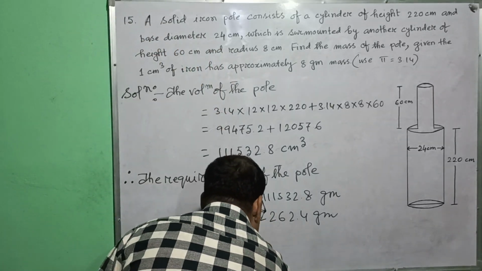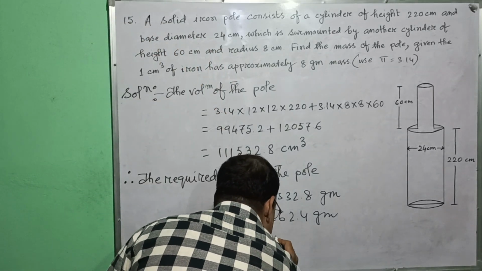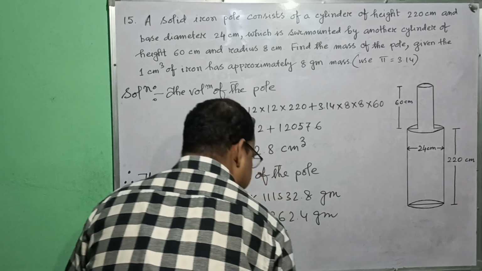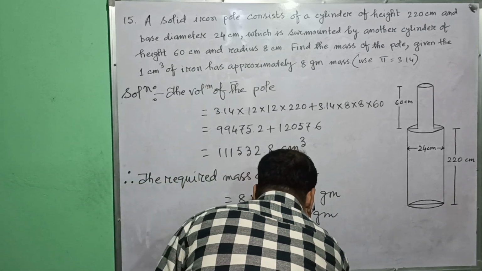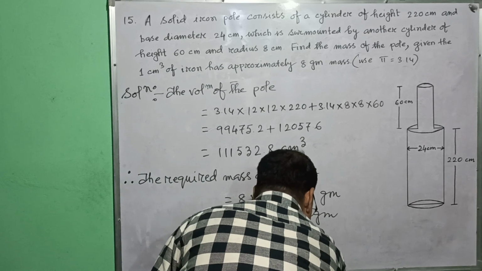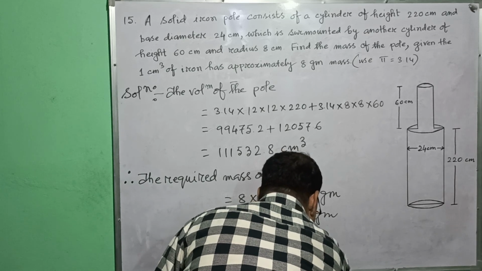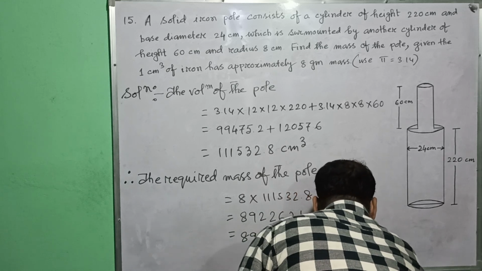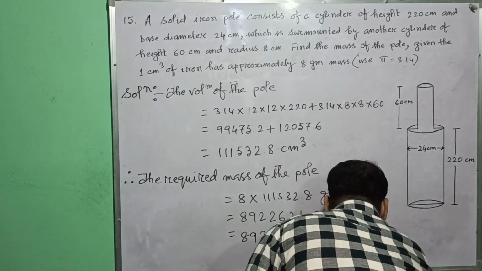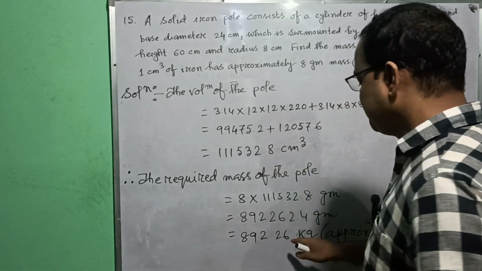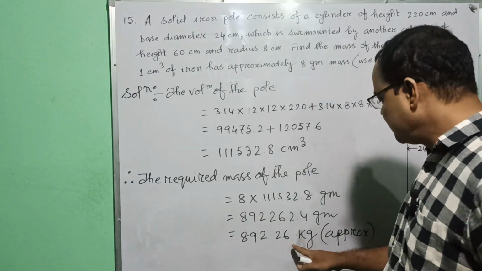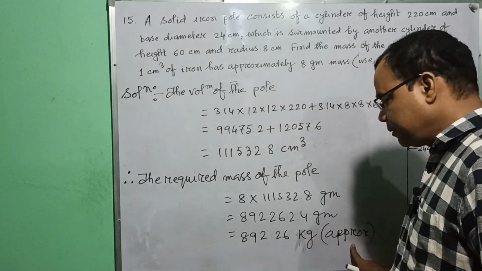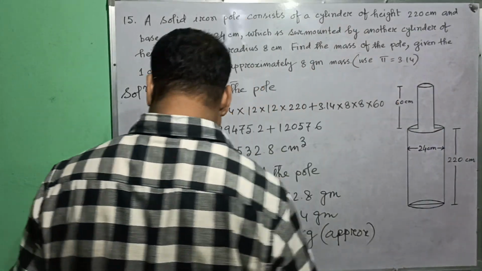So we'll write 892.26 kg approximately. We'll write approx, as we have taken only up to 2 decimal places. So this is the answer.